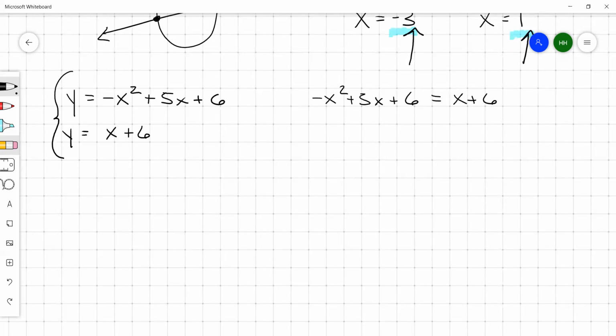Going to get everything on the left side. So subtract x and 6 from each side. We get a -x² plus 4x. Now see how these 6's cancel right here? And the whole right side is equal to 0.